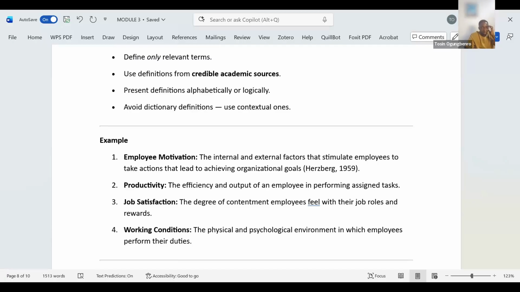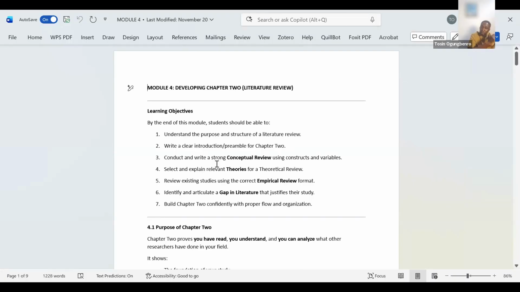I think you want to ask a second question. So I just want to quickly take us through chapter two. Chapter two is interesting. Okay, another question.